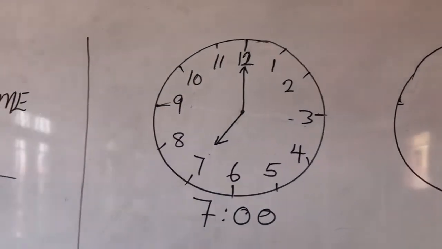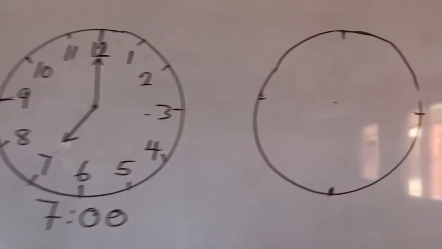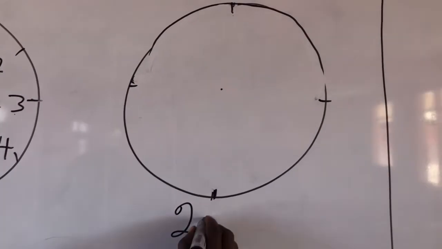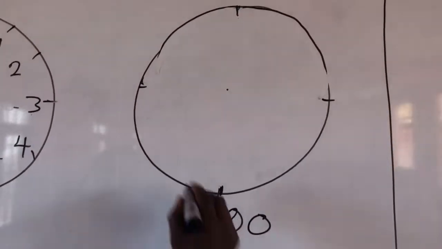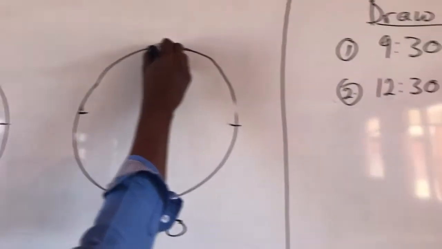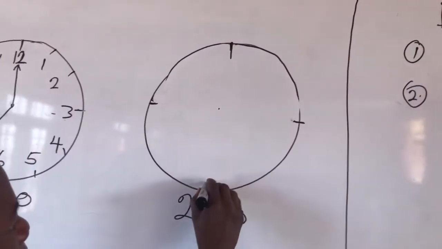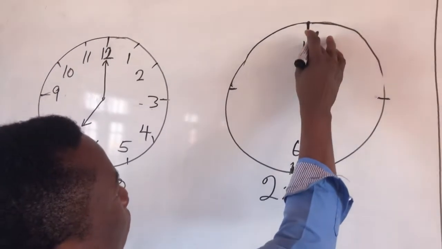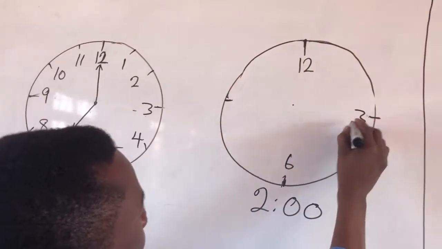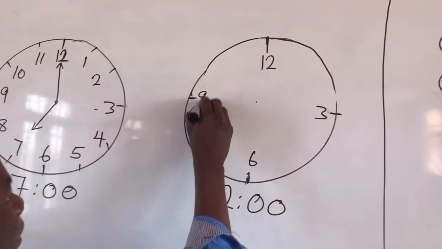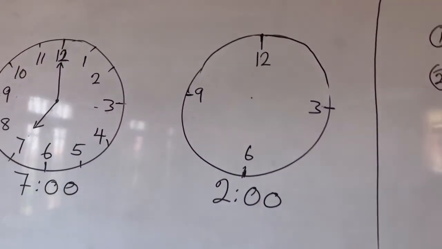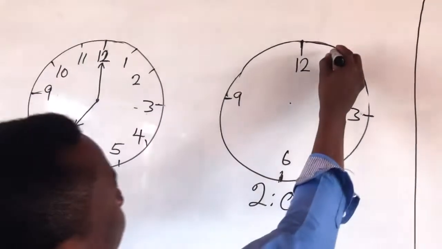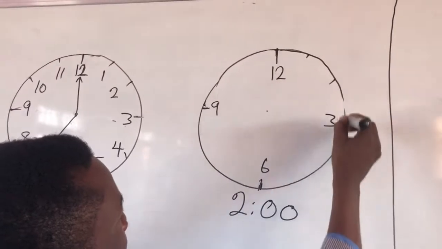Now, let's look at example 2, which is 2 o'clock. I told you this is to help you gauge what we are doing. Mark 6, 12, 3, and 9. Now, 2 o'clock. You divide it again.